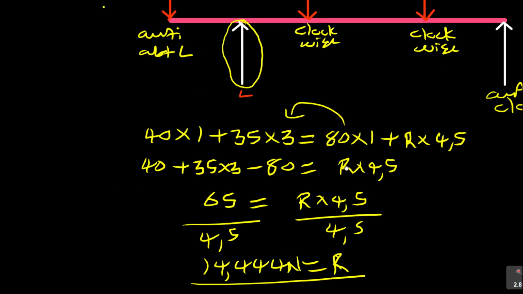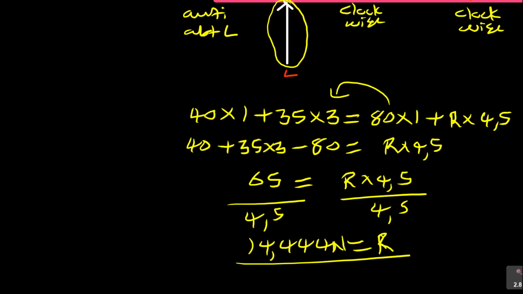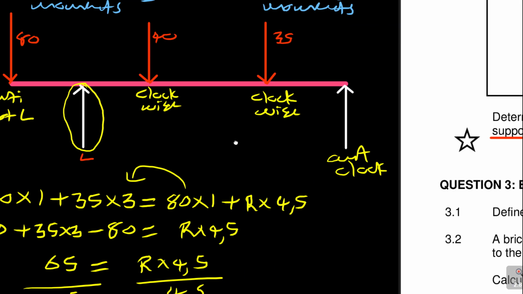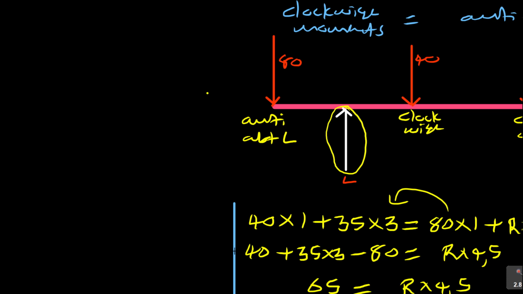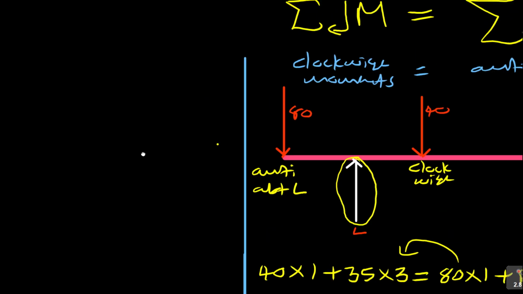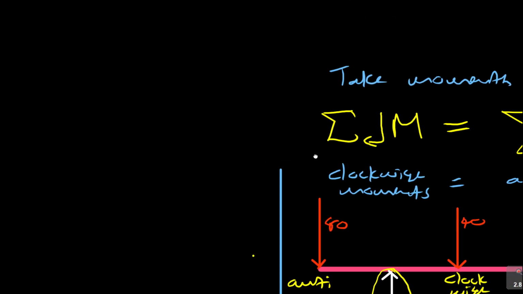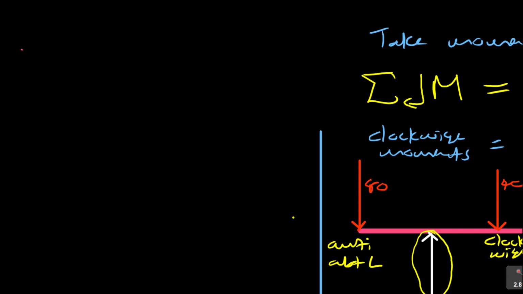Then the next one, I just want to do it on the side here, in parallel, so that we don't do a lot. The other one, what does it say? It says we now have to take moments, this time about R. Like we did about L, but this time we're taking moments about R. So you do the same thing.